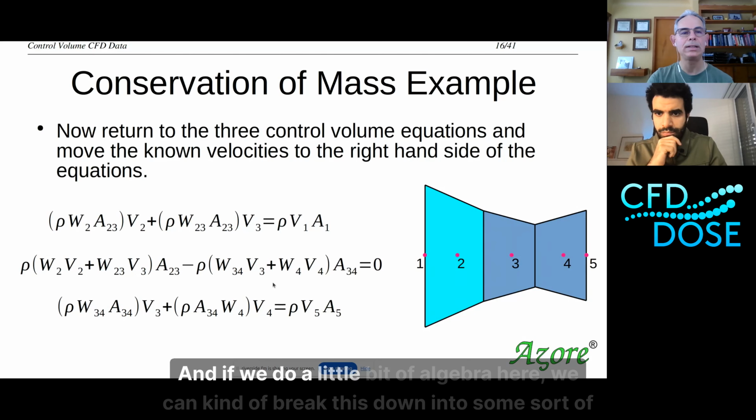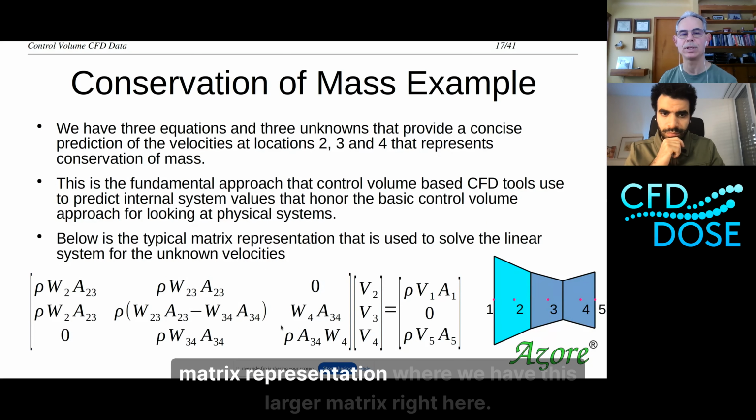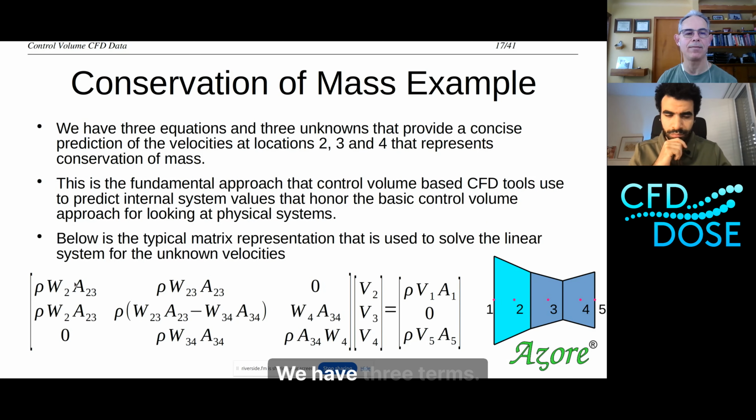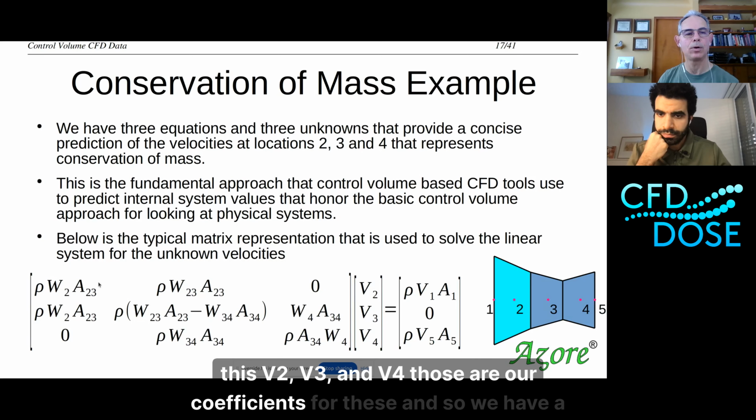And if we do a little bit of algebra here, we can break this down into some sort of matrix representation, where we have this larger matrix right here. We have 3 terms, V2, V3, and V4, and those are our coefficients for these. And so we have a matrix.